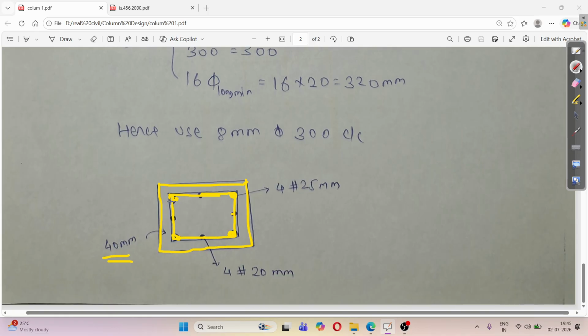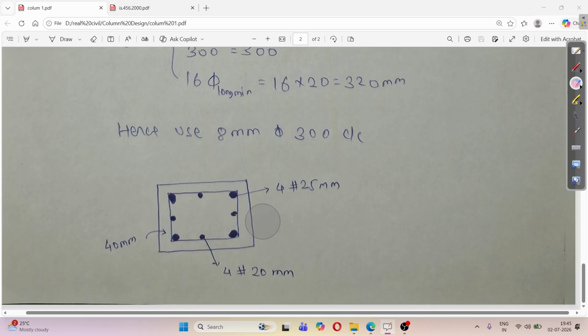Another thing, we have to make sure that the spacing between these bars should not be greater than 300 mm. That's why we have provided 3 bars here, 3 bars here, 3 bars here, 3 bars here. I hope the concept is clear.